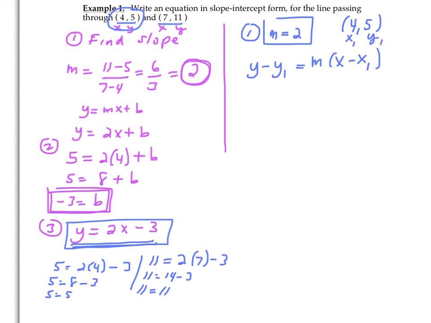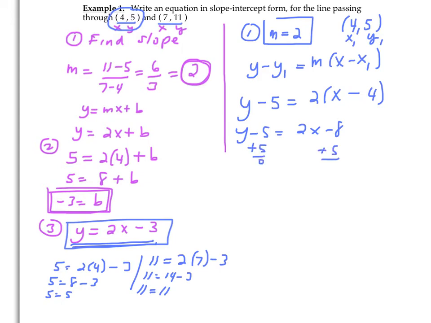So we have our slope that we already solved for, and then we're going to use a point, and I choose to use (4, 5). We're going to plug this in for x1 and y1. So you have y, keep that first y in there, minus y1, which is 5, equals our slope of 2 times x minus 4.